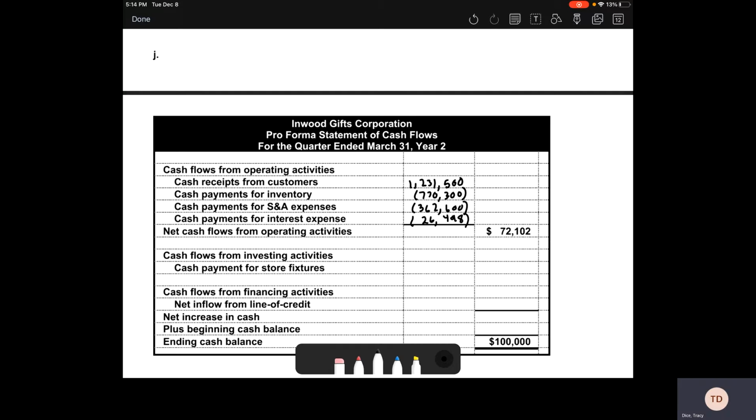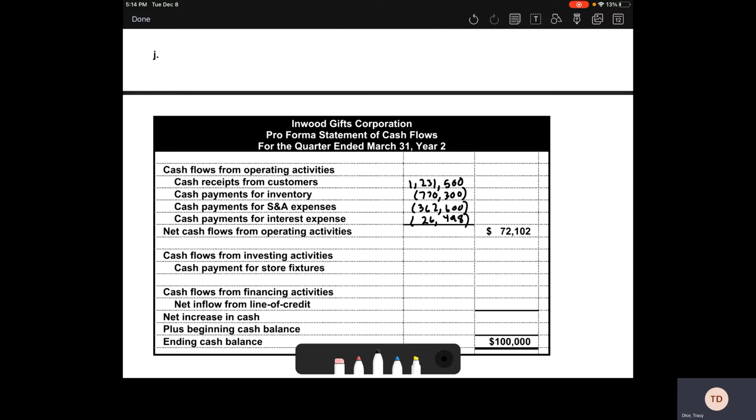So what did I do wrong? Would help if I put the first number in correctly. I did 234. Now I get the right answer of 72,102.